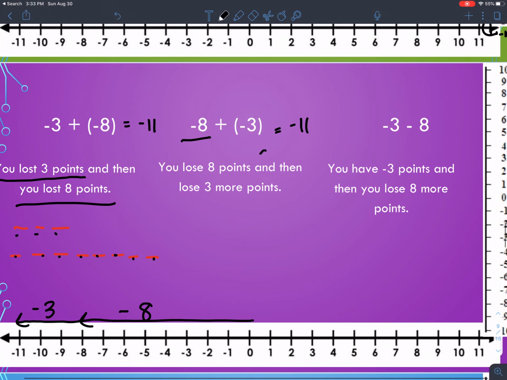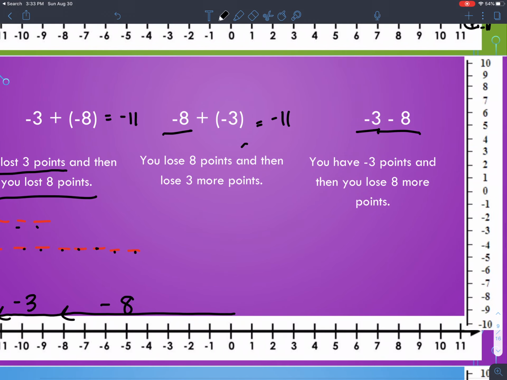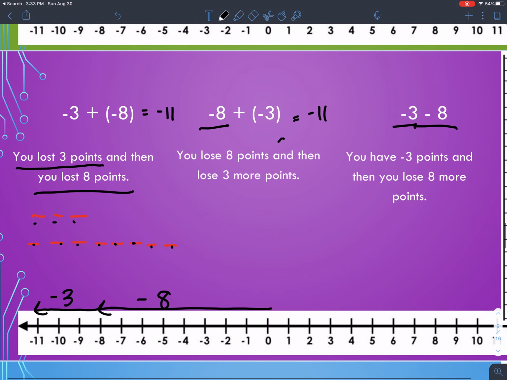And our third representation, the other way we can write this: we've written it as an addition problem. We can also write this as a subtraction problem. This is like having negative 3 points and then losing 8 points. Well, we represent losing 8 points like going down 8 or minus 8. So we'll start at 0. And I'm actually going to come over to this number line because this one has the 11 on it.